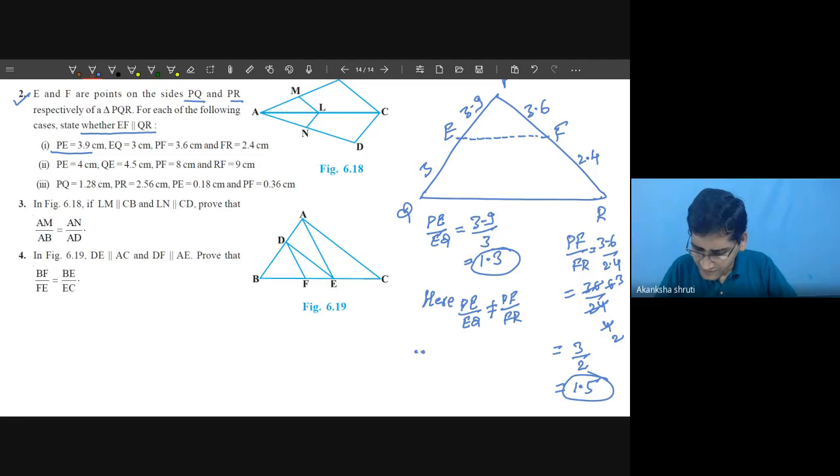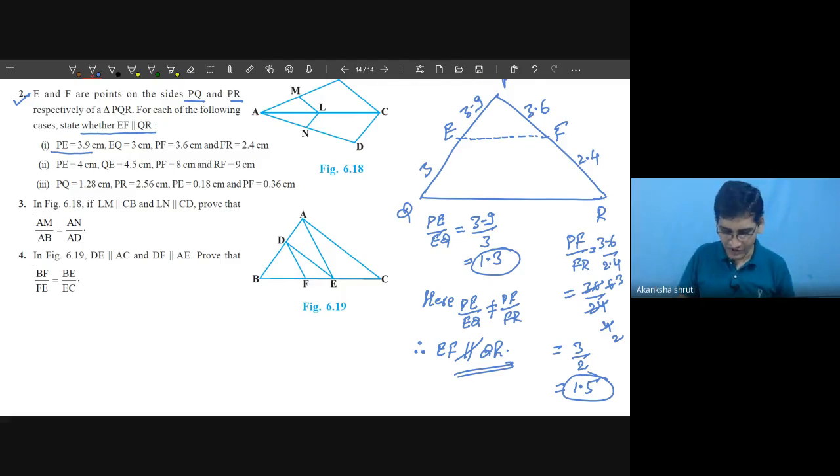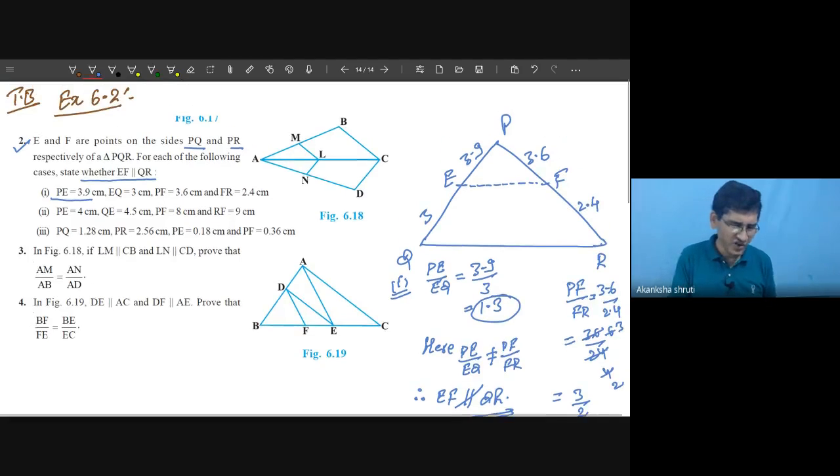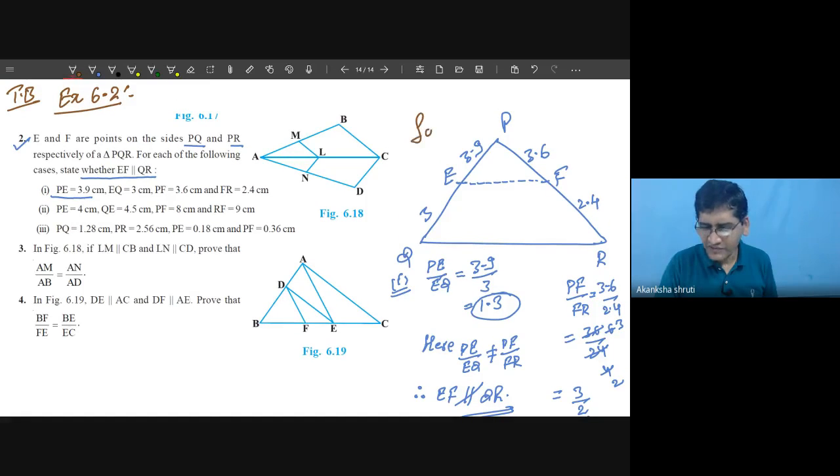Therefore, EF is not parallel to QR. Are you getting it? This is based on the converse of BPT. Similarly, you can check the second and third conditions. So this was the solution for question number 2. Now let me go to question number 3.